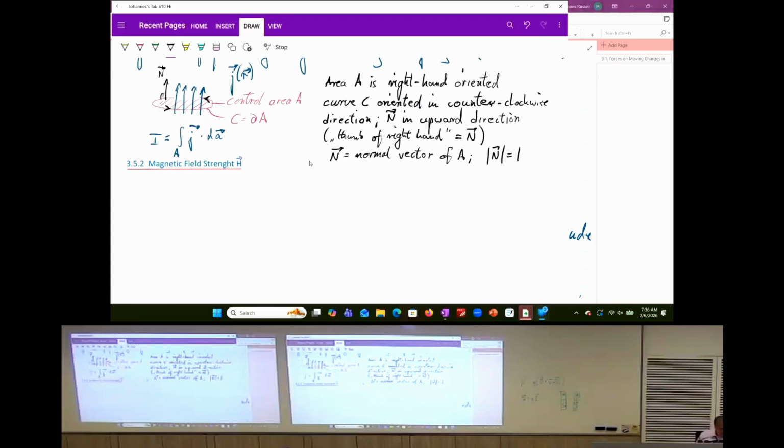So the steps are as follows. We define the control area with an enclosing curve. So that is the curve that runs at the edge of the area, or as we would say, a boundary curve of that area. The enclosing curve we denote with C, but this is an enclosing path.